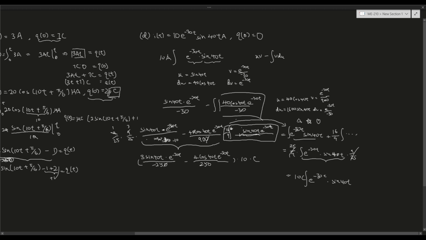And we'll get rid of the 0 on the bottom from the 0 over here, and the c. So we can do some simplifications going on here. So e to the power of negative 30t over 25 times c, and this whole thing gives us 3 sine of 40t minus 4 cosine of 40t.